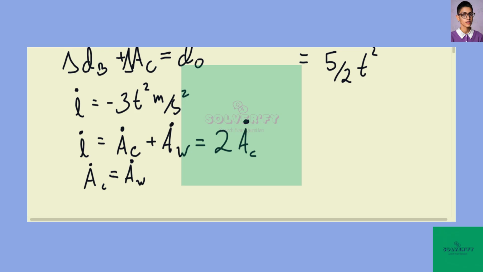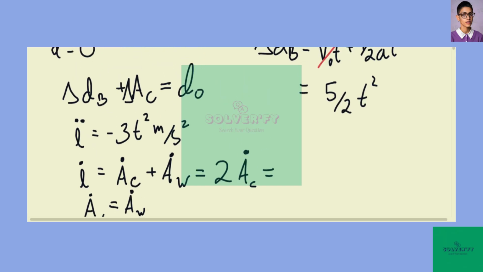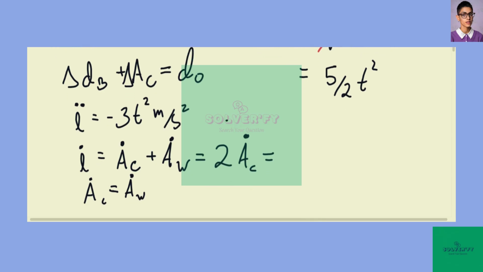Now that we have that, we can plug in our equation for L dot that we defined as minus 3t squared. Excuse me, this should be L double dot because this is the acceleration. So before we actually get L dot, we should figure out what that is.